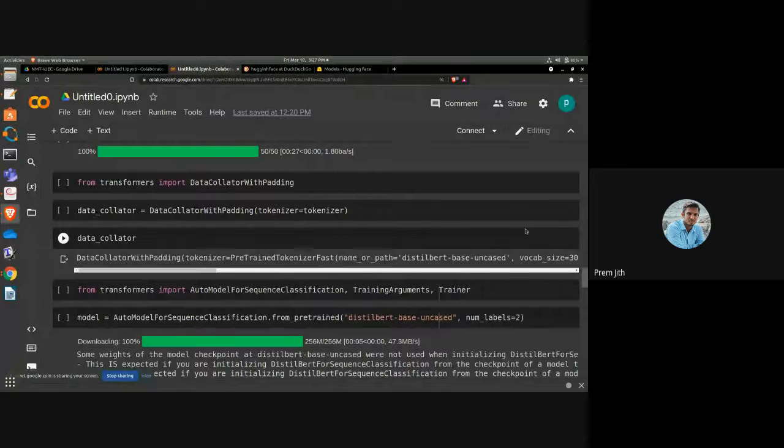So here also we are doing the same thing. You can see data_collator is equal to DataCollatorWithPadding, tokenizer is equal to tokenizer. We provide the tokenizer method and it will append zeros at the end.